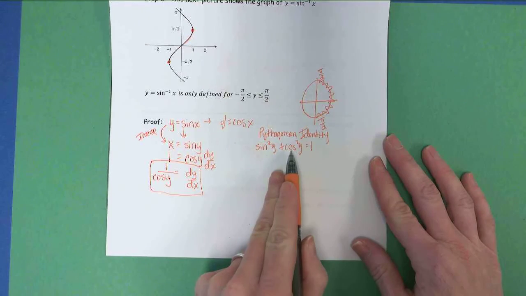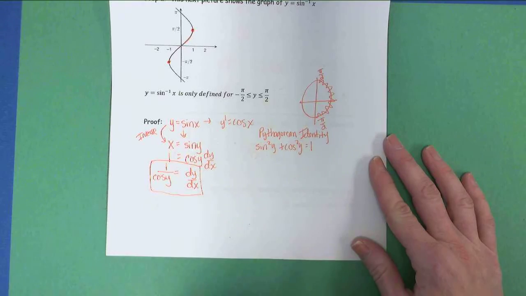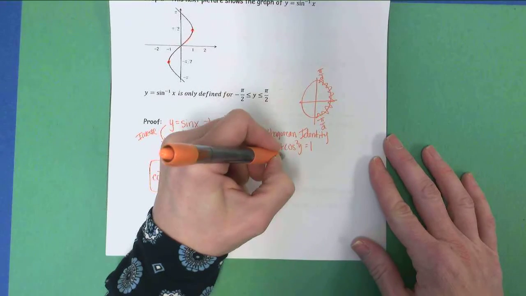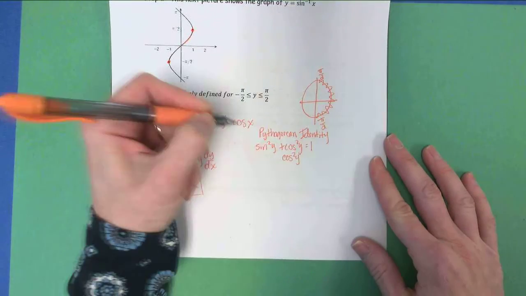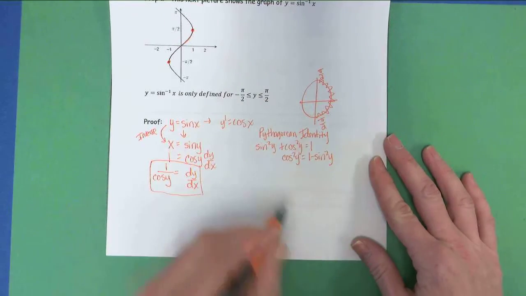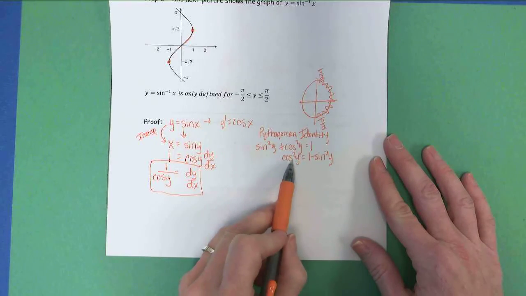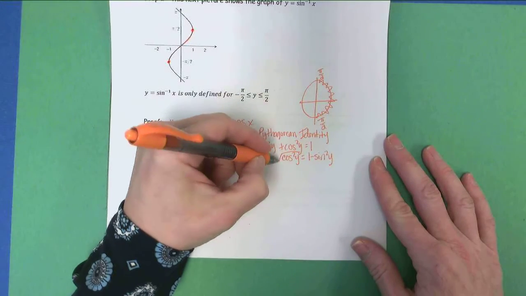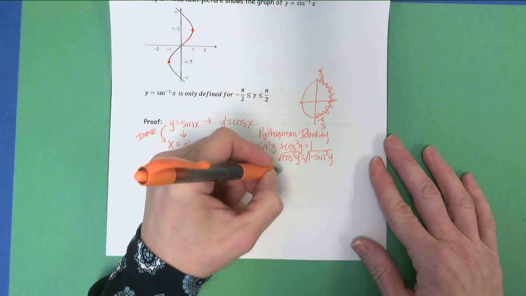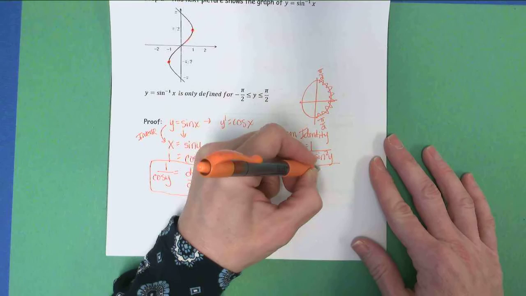I'm going to solve this for cosine squared y because I'm trying to rewrite cosine y a different way. So if I subtract sine squared y from both sides, I'm going to have cosine squared y equals 1 minus sine squared y. Now that's getting close, but now if I square root both sides, I'm going to get cosine y equals plus or minus the square root of 1 minus sine squared y.